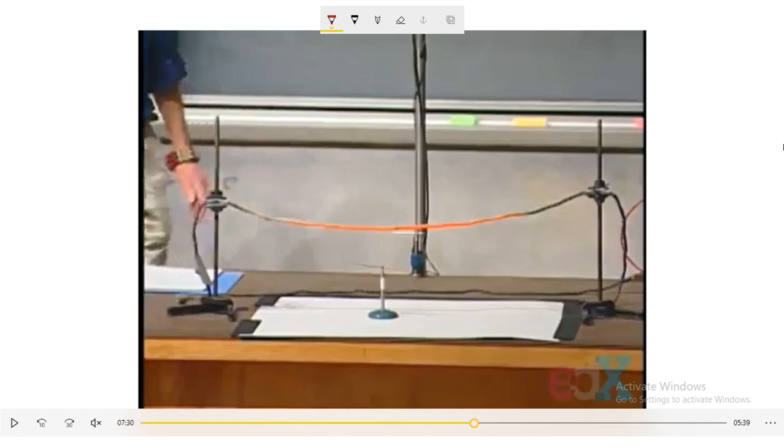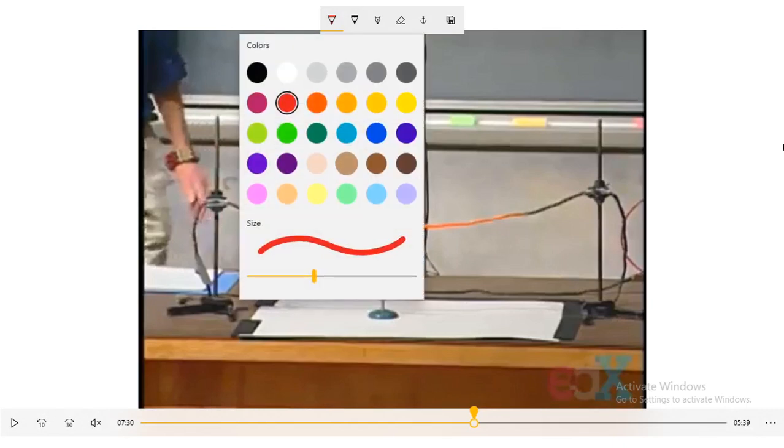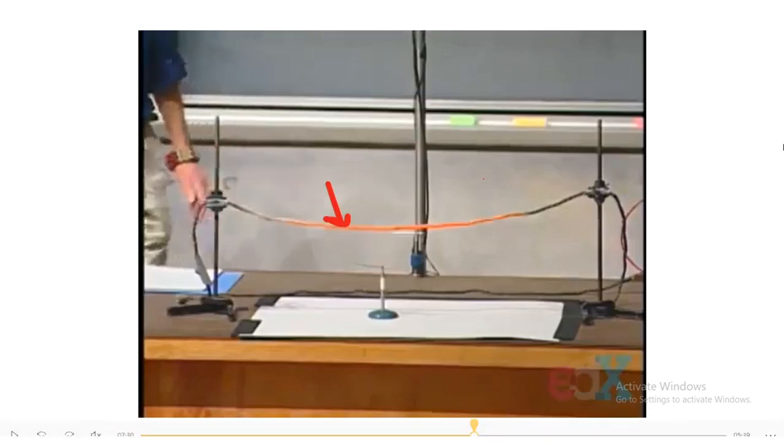According to history, when Oersted was doing an experiment related to a current carrying wire, he kept a magnetic compass near a current carrying conducting wire. So this is a current carrying wire, a current passes through the wire.